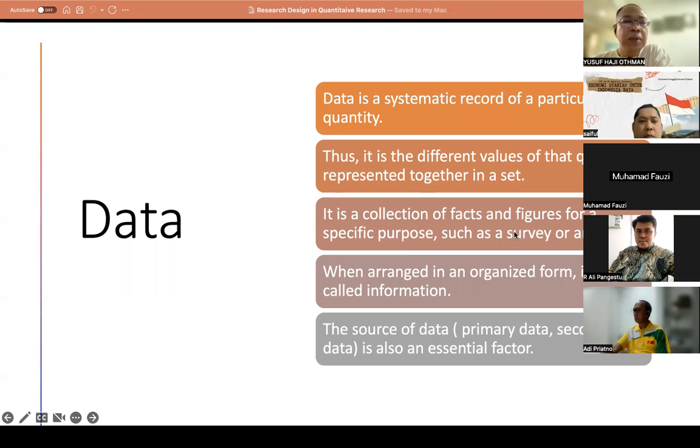So the data can be primary data. It can be secondary data. Primary data is the data that we as researchers collect to answer our research objectives and research questions. And also there is secondary data, where the data is collected and published by other parties, for example, by other organizations or by previous researchers.